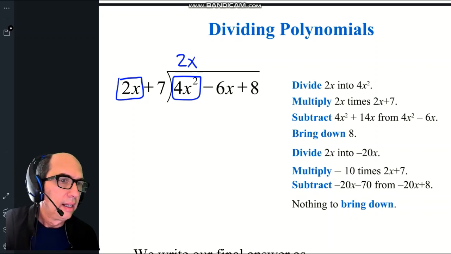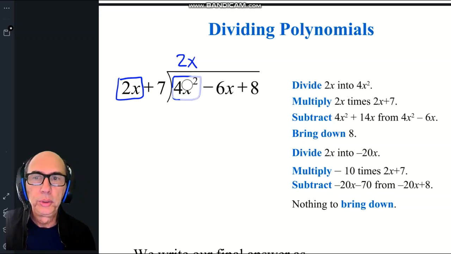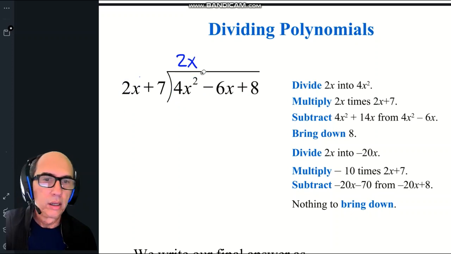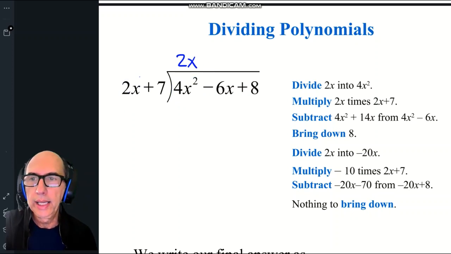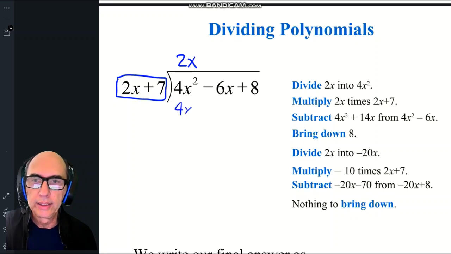Nice. Now, multiplication. Multiply these quotients, these results, to all terms in the divisor. 2x times 2x, 4x squared, and 2x times 7, 14x.